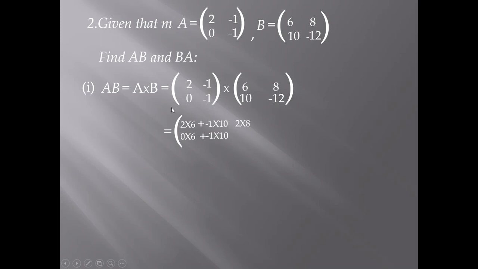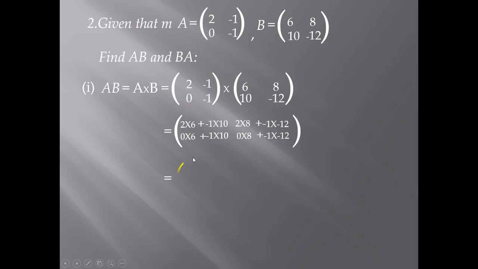We don't end at that. I will again get this row: 2 times 8 plus negative 1 times negative 12. And then finally we shall look at the second row, second column: 0 times 8 plus negative 1 times negative 12.